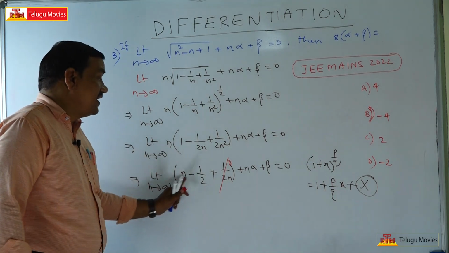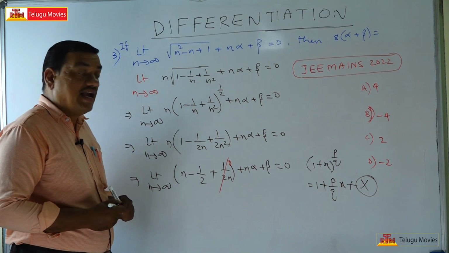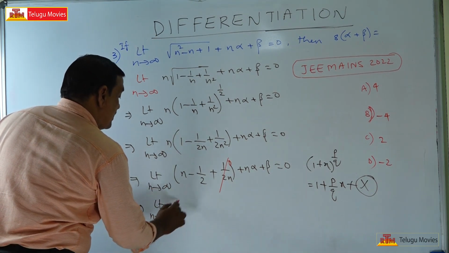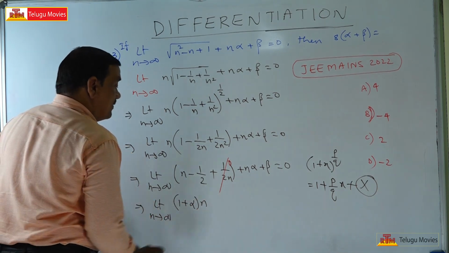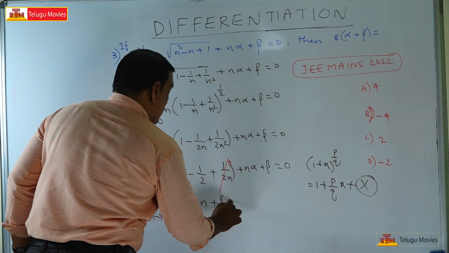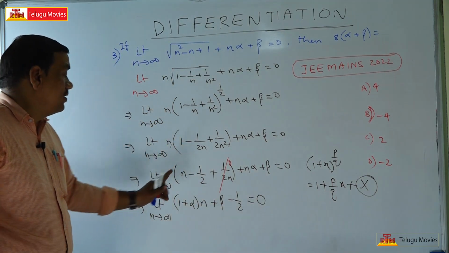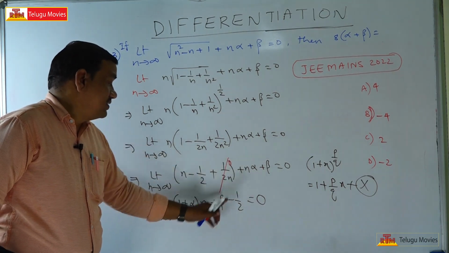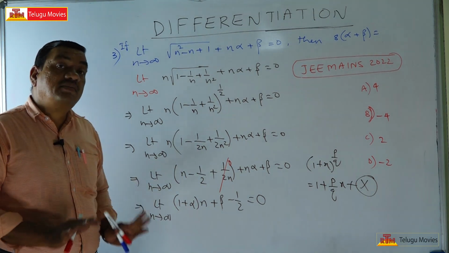Then n plus n alpha, take n common outside. So the limit is (1 plus alpha) into n plus beta minus 1 by 2 is equal to 0. Now this limit exists.